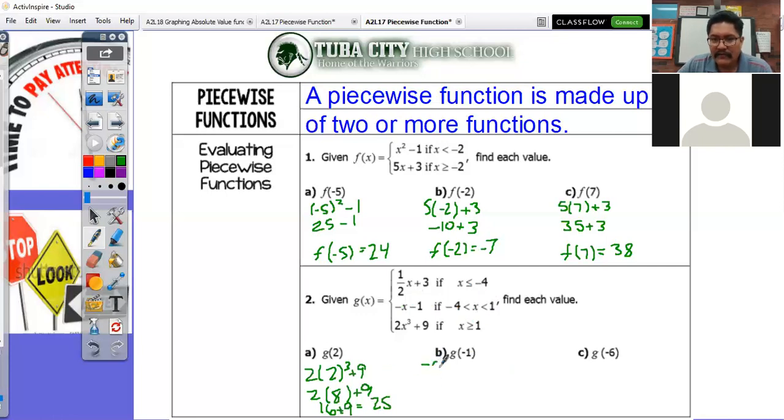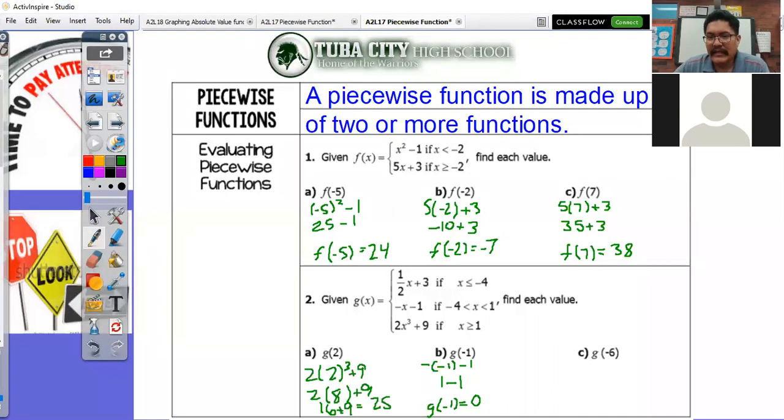So negative of -1 minus 1. Here I have the opposite of -1, so that would just be +1. And I get 1 minus 1, and we are pretty much done with this. G of -1 is 0. So if I input x as -1, my output is 0.